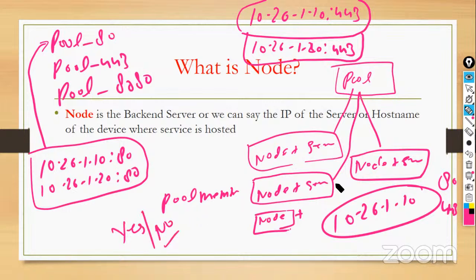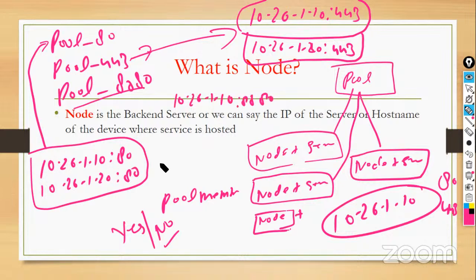Okay, so if we can use both, we can create different pools, right? Maybe the pool with the 80 service, we will add the 80 pool members to this pool, and the 443 pool members we will add to this other pool, right? Correct. And whenever you have the other pool, maybe 10.26.1.10 with 80.